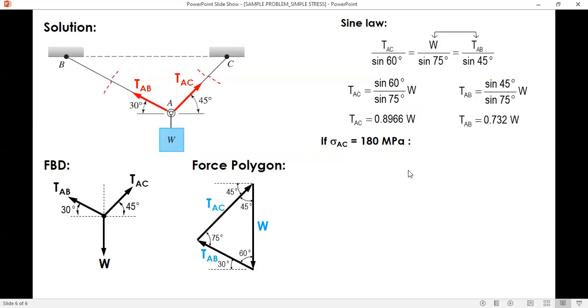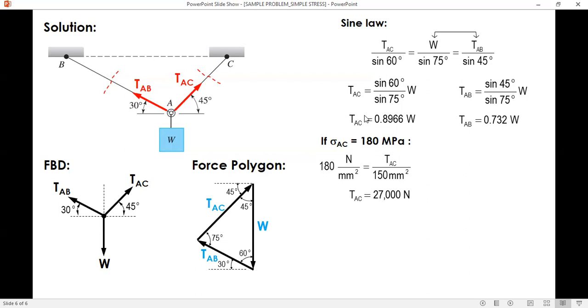Now, stress is force over area. Okay. Millimeter squared is cancelled out. So, TEC is equal to 27,000 newtons. Now, from this value, 27,000, we can substitute this one to this expression.